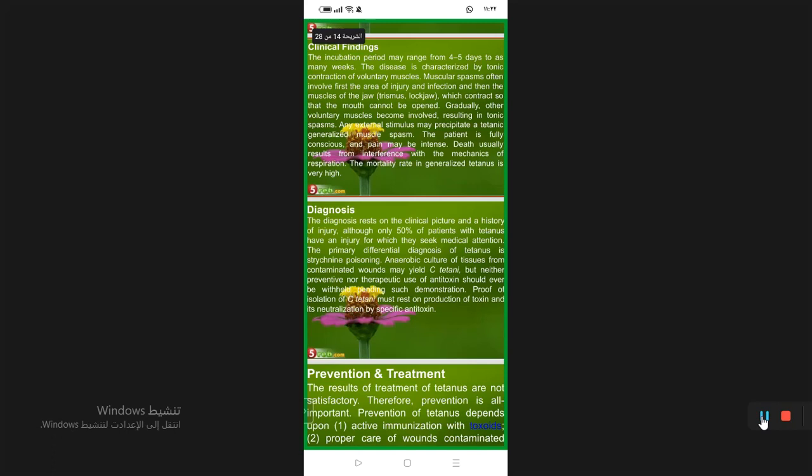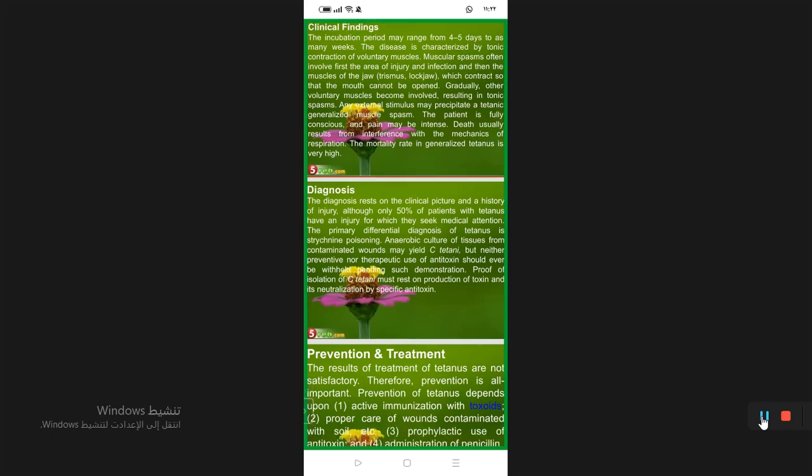Anaerobic culture of tissue from contaminated wounds may yield Clostridium tetani. Neither preventative nor therapeutic use of antitoxin should ever wait for such a demonstration. Proof of isolation of Clostridium tetani must rest on production of toxin and its neutralization by specific antitoxin in experimental animals.